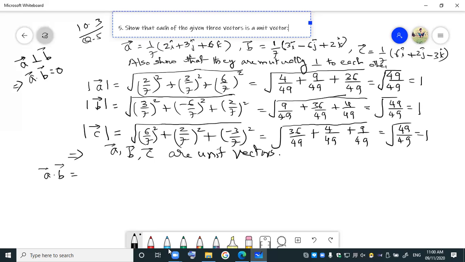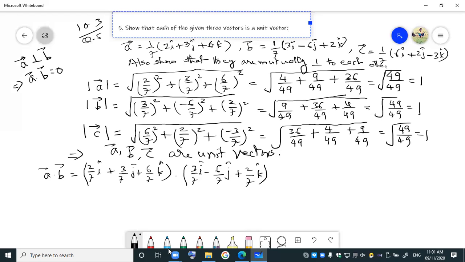So A dot B, where A is 2 by 7 i plus 3 by 7 j plus 6 by 7 k, and B is 3 by 7 i minus 6 by 7 j plus 2 by 7 k.